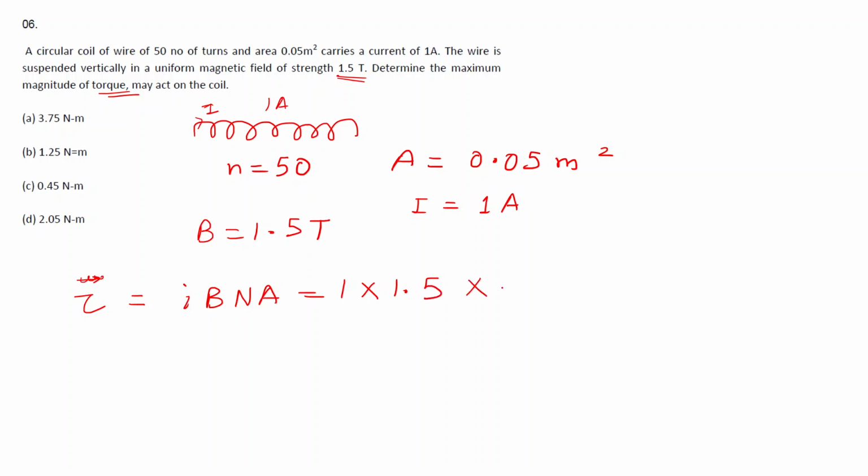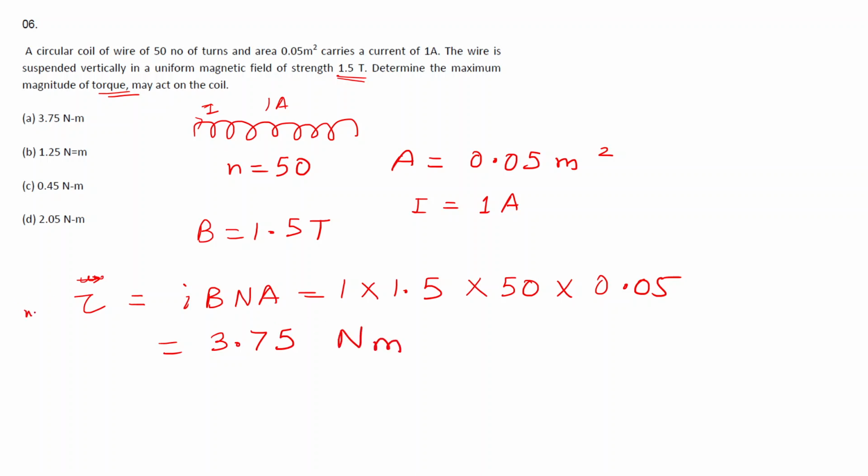Then the number of turns is 50 and the area is 0.05. When we calculate this, 1 times 1.5 times 50 times 0.05 is 3.75. So the torque value will be 3.75 Newton meter.